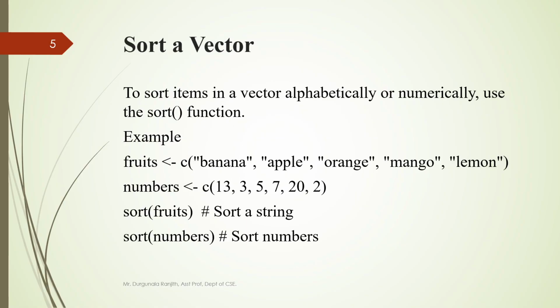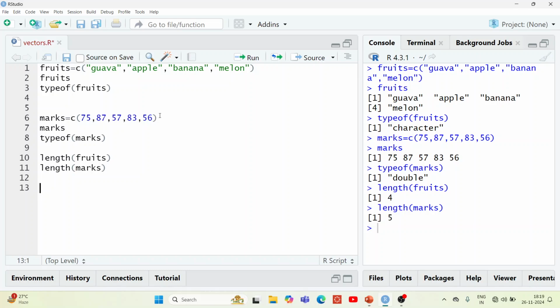And the next one is sorting the elements. To sort the elements, you just have to use the sort function to sort the elements in ascending order, either alphabetically or numerically. So just use the sort function, sort of fruits.